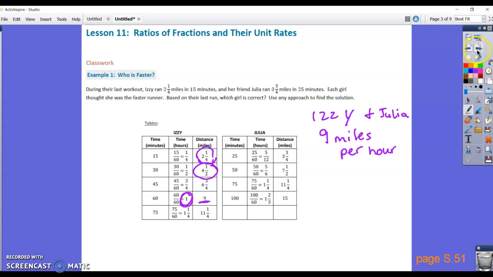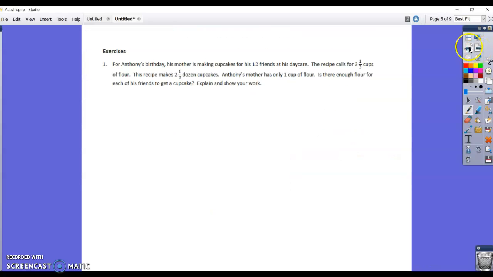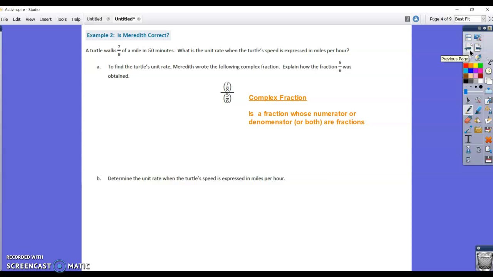Okay, so for our next example, example number 2. A turtle walks 7/8 of a mile in 50 minutes. What is the unit rate? Remember, that means we have a denominator of 1.